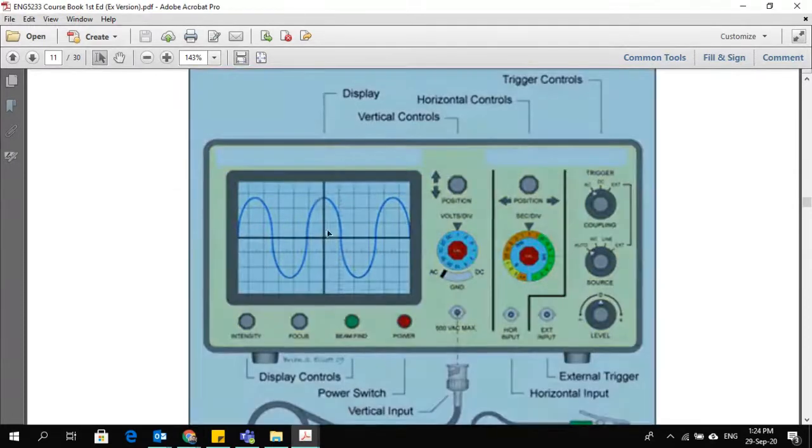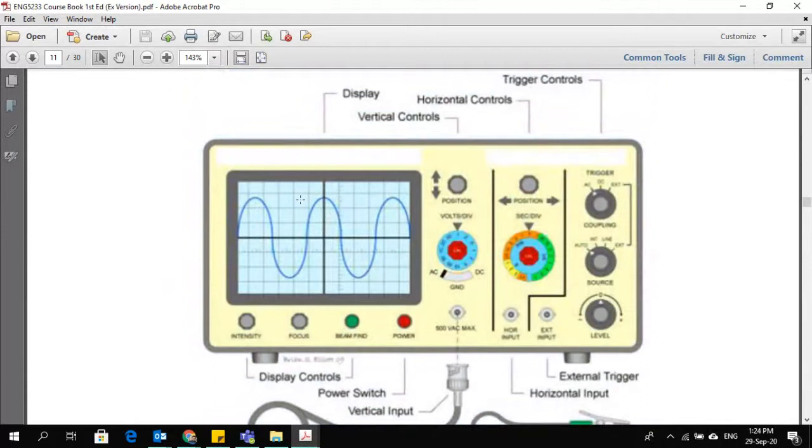So I will say my wave amplitude is 2.5 volts high. If your wave is not coming onto the display, you can increase the volts per division so that you can see it clearly. Sometimes the wave is out of the screen because it is too big, so you can make an adjustment using this knob to bring it within the display.